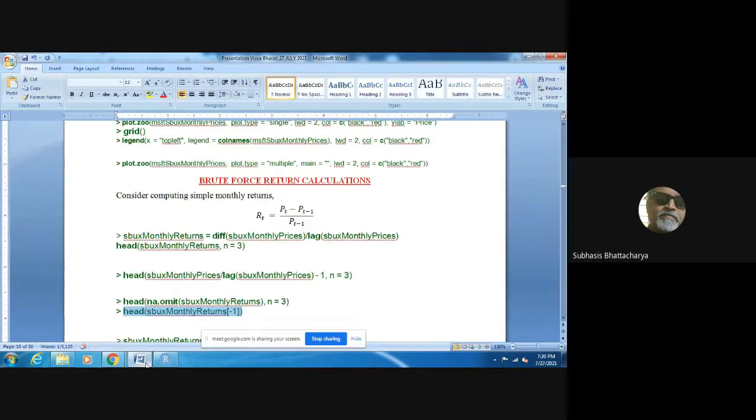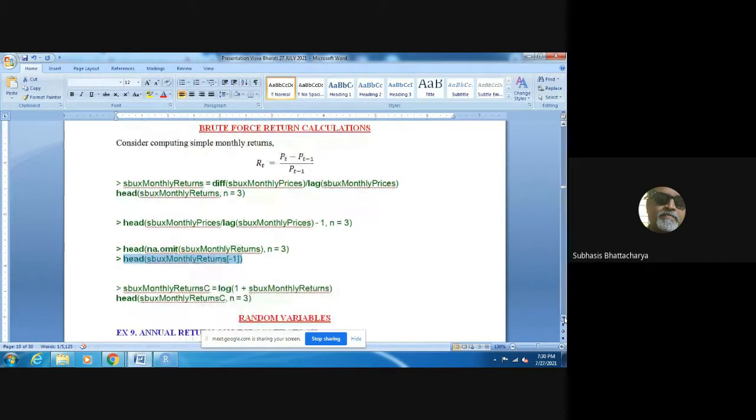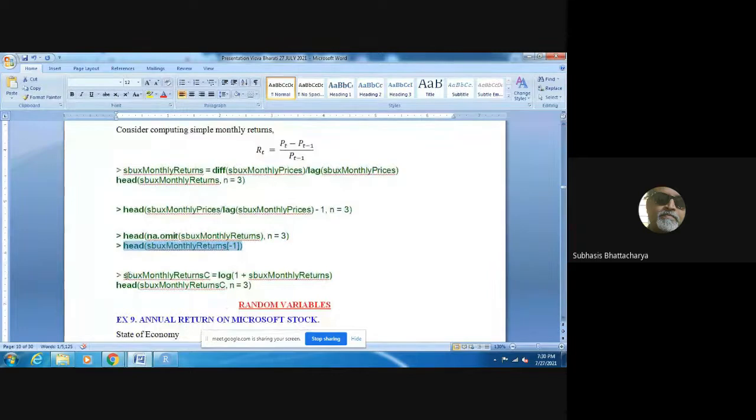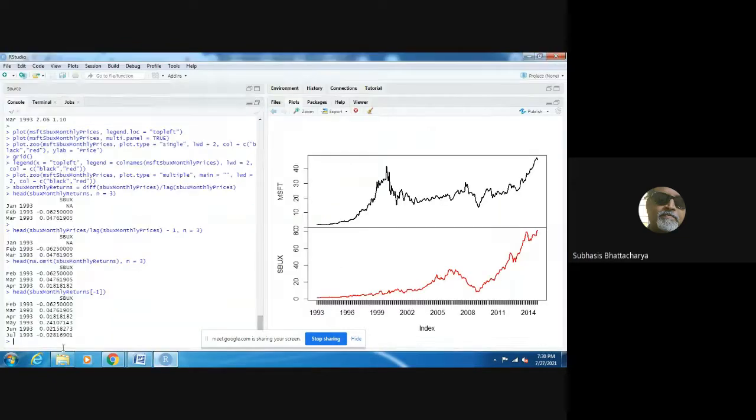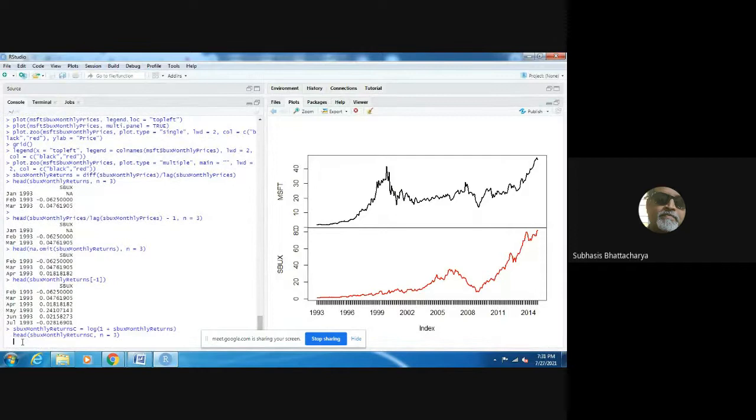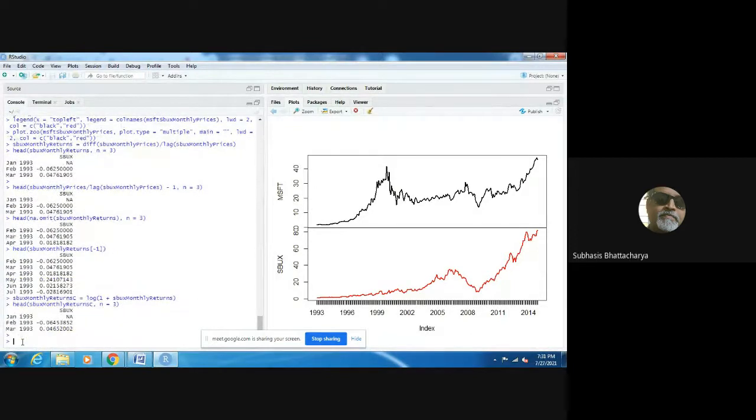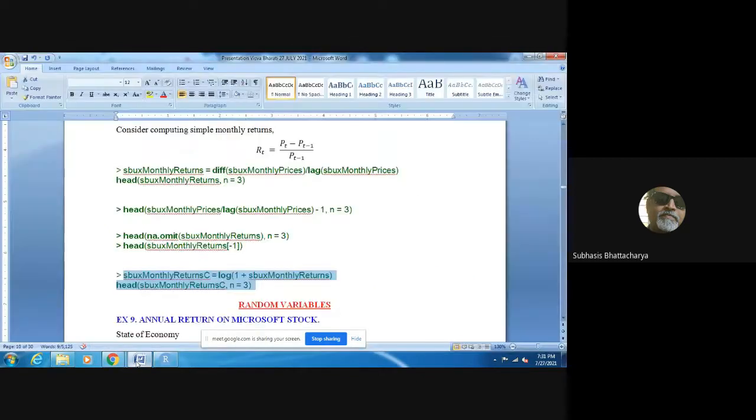And now if you try to estimate this in terms of the compound return, you can do this also. Continuously compound, simple compound, and this is the result of simple compound. And if you try to do this for continuous compound, the values are like this.